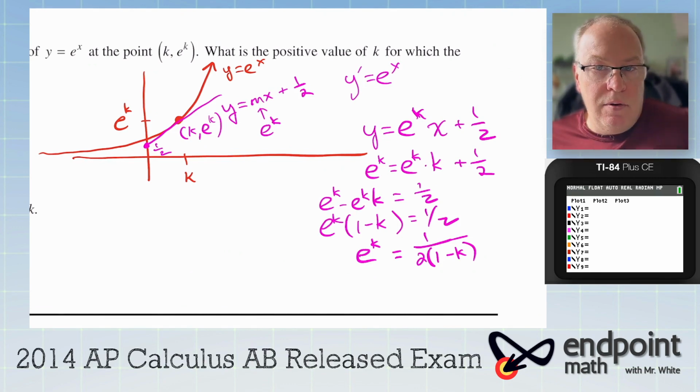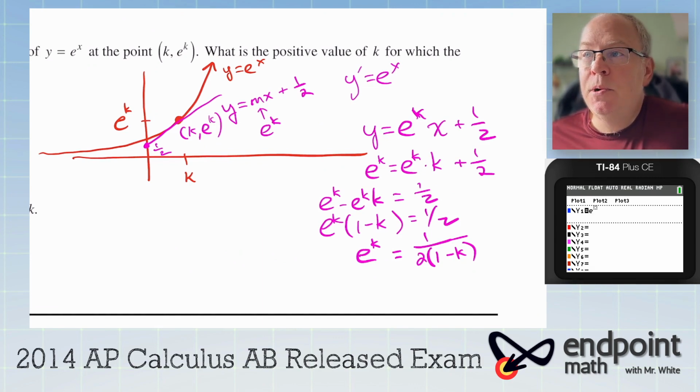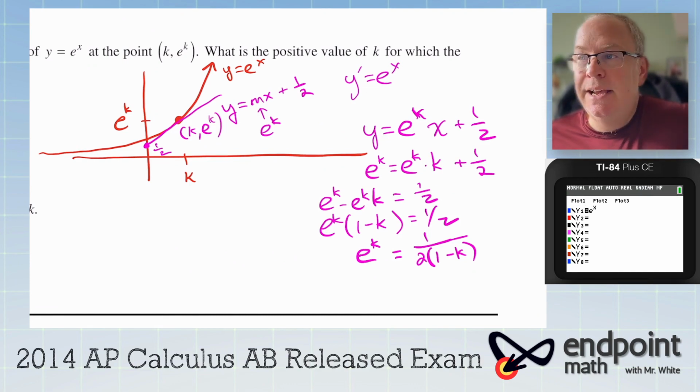I haven't done any graphing yet in this, so I'm going to type e to the x. This problem takes a little longer simply because of all the data entry here. 1 divided by the quantity 2 times, I'm going to do another quantity, 1 minus k, but I have to use x, of course.